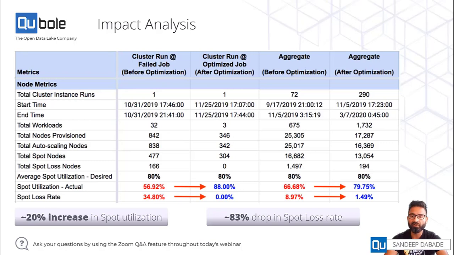Additionally, spot loss rate in the before scenario was about 9%, versus in the after scenario, it came down to 1.5%. So this overall increased the spot utilization by 20% and dropped the spot loss rate by 83%. Now that completes action 1 and action 2 and their impact.